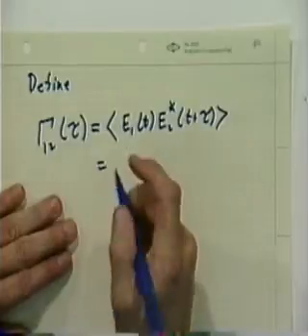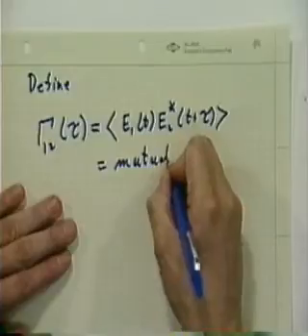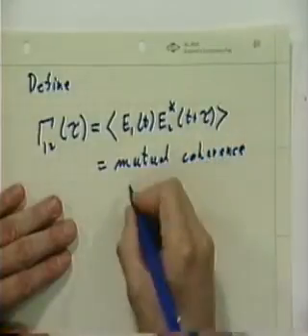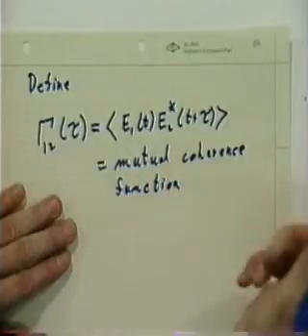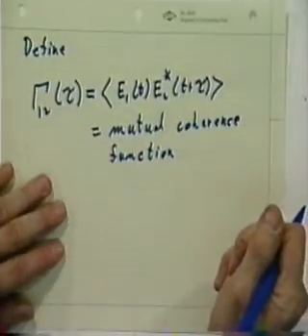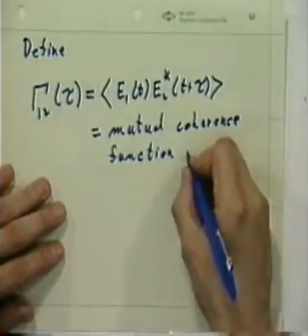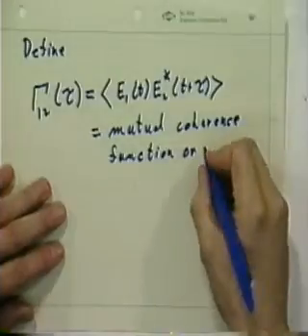We will call that the mutual coherence function. Or sometimes you see it called just the correlation function of these two fields, E1 and E2.